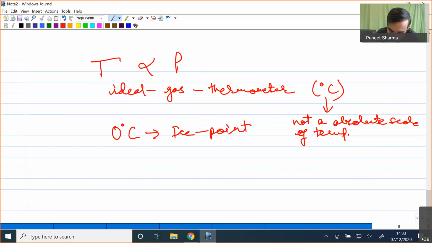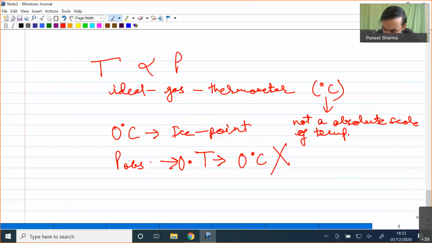So corresponding to absolute pressure, whatever temperature scale we have considered is not giving us the 0 value in degree Celsius. Corresponding to absolute pressure, meaning pressure tending to 0, we do not have T tending to 0 degrees Celsius. That is why we have to use some intercept while specifying T equals A plus BP.